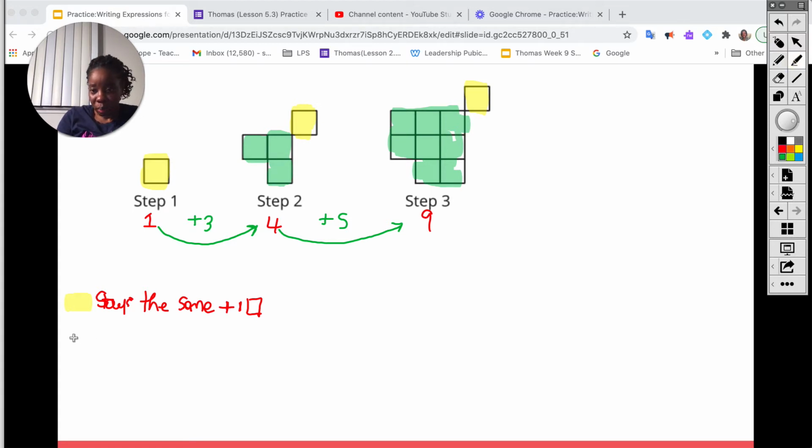Let's write what we notice is changing. And the way I think about it is the size of squares. And I think about that as n times n.